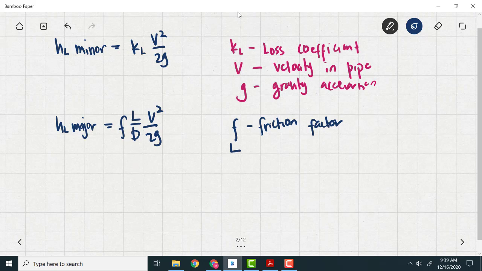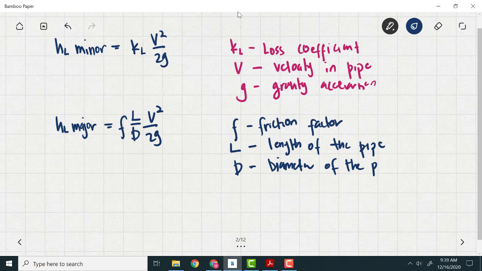Okay, we have L is the length of the pipe, panjang pipe, and we have D, the diameter of the pipe, and we have V, same is average velocity, so velocity in pipe, and then last one we have gravity acceleration.